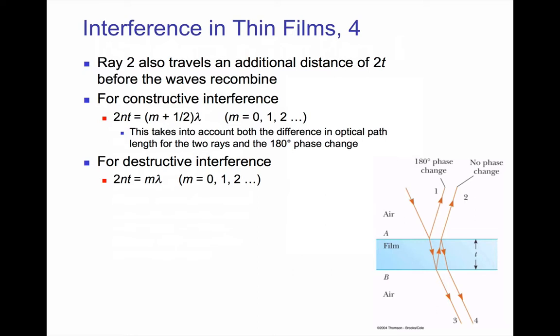That is what we write as 2nt equals m plus a half times the wavelength. That takes into account the extra distance that ray 2 has travelled and the 180-degree phase shift that ray 1 had. By the same logic, the condition for destructive interference is that 2nt equals an integer number of wavelengths.